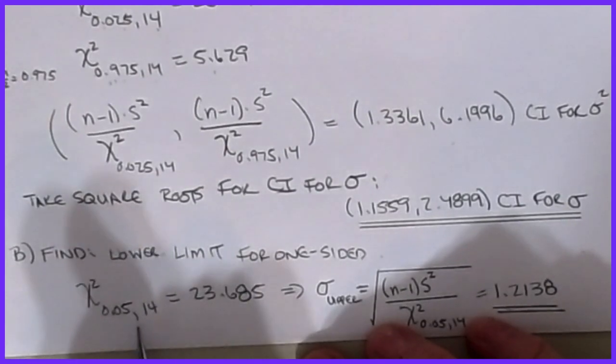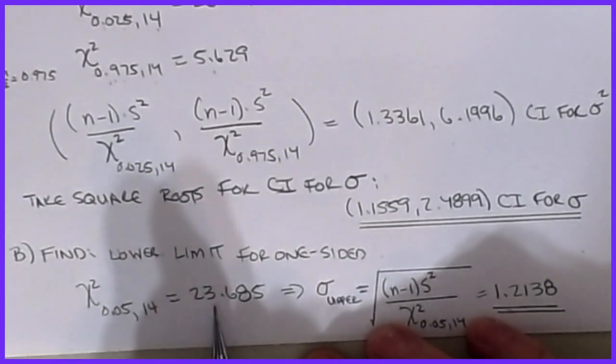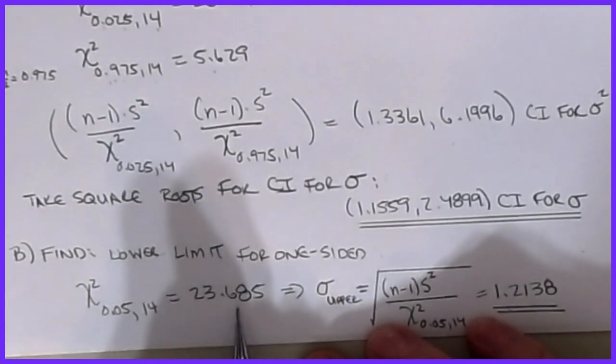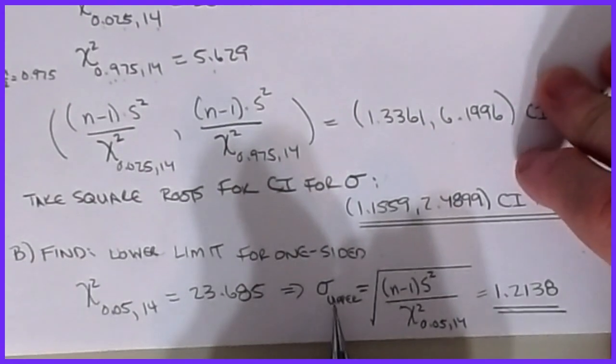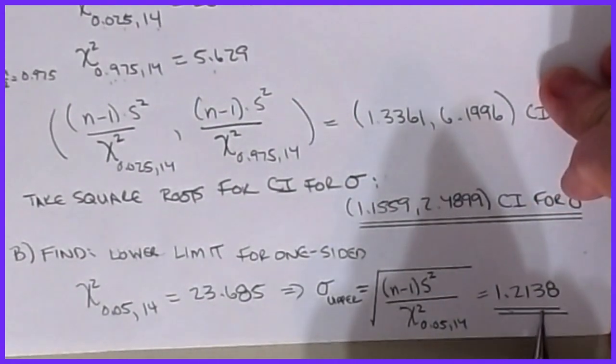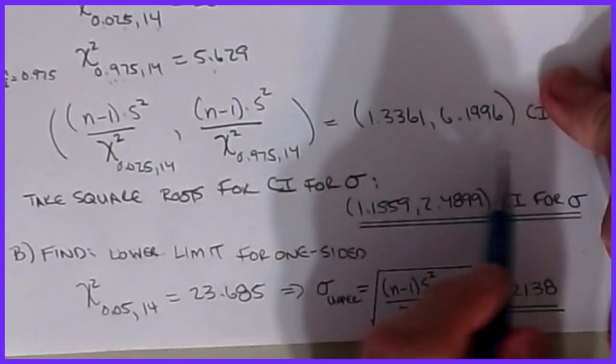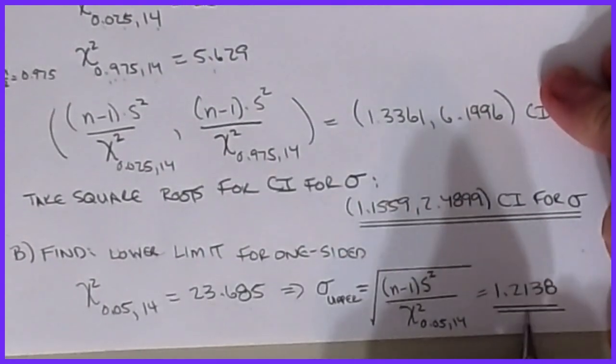Chi-squared 0.05 and 14 gets me this statistic of 23.685, which gets me the location of that value. So my upper limit on the standard deviation would be 1.21, and you can see that it pulls that line in a little bit relative to that value.